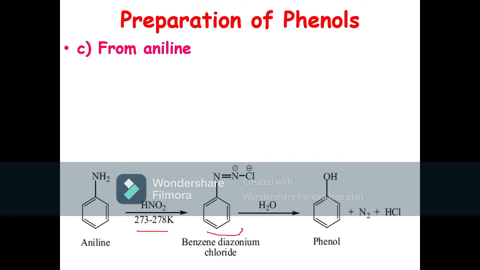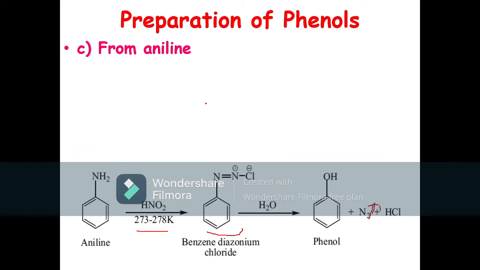This benzene diazonium chloride, treated with hot water, gives phenol, and the nitrogen gas goes out and it gives hydrochloric acid.